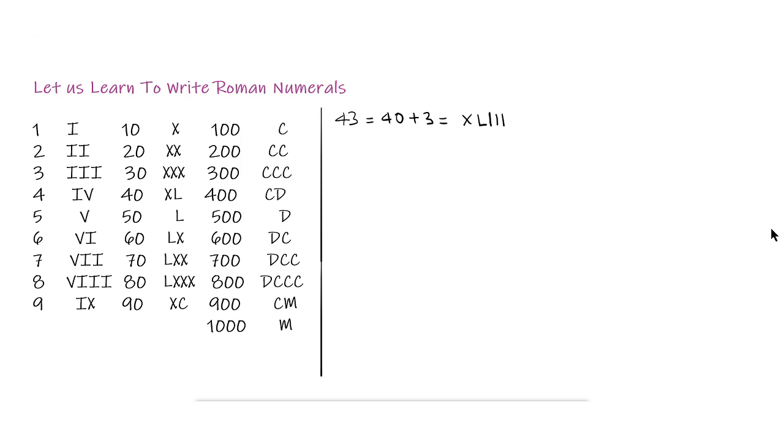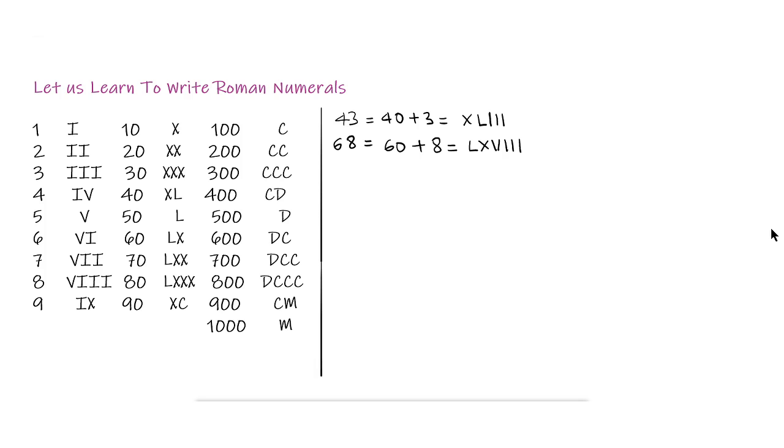Now write 68. 60 plus 8. From the chart, 60 is LX. L is 50 plus X is 10, so LX is 60. 8 is VIII. So 68 is LXVIII.